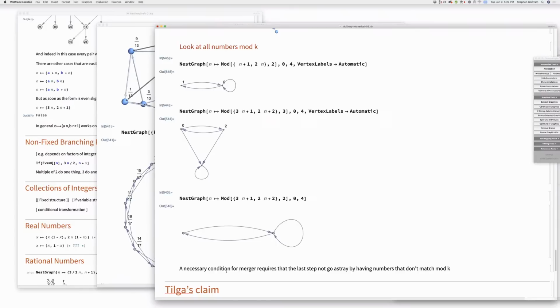And so at least for the two cases that we were considering, the 3n plus 1, 2n plus 2, and the 2n and 2n plus 1 case, that explains why those both do and don't merge, respectively. Okay, hold on.